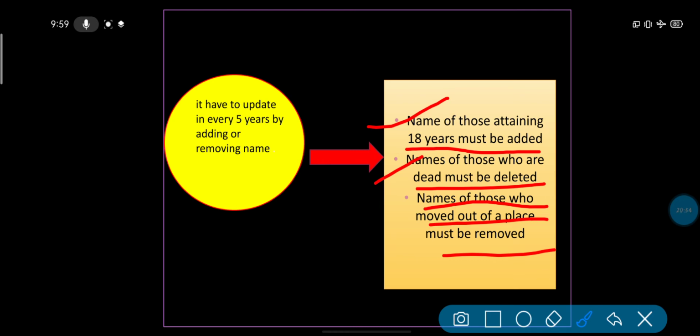This is the updating process: before the election, every 5 years, they include the names of new voters and delete the names of old voters, those who leave the place and settle elsewhere, and those who no longer live in the society. So this is the process of updating.